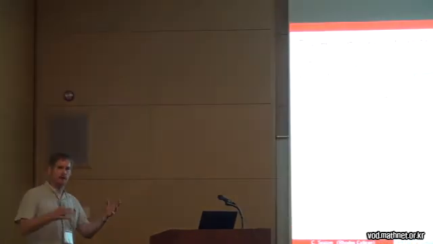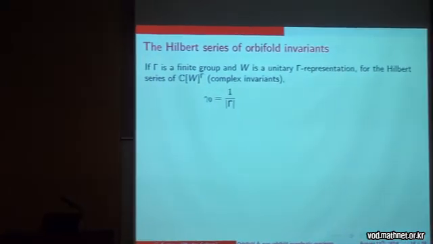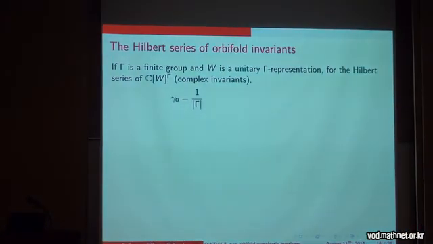To illustrate this, let me point out that if we're looking at complex invariants, the standard classical invariant theory, of a finite group gamma, so a finite unitary representation of gamma acting on some C^n, the first Laurent coefficient gives you 1 over the order of the group. And the second one essentially determines the number of pseudo-reflections in the group, where a pseudo-reflection is a group element that fixes a hyperplane. So we see some geometric information here.